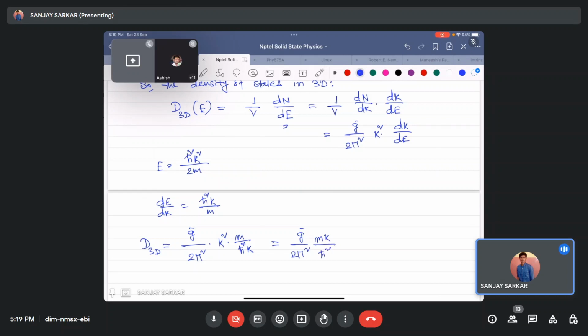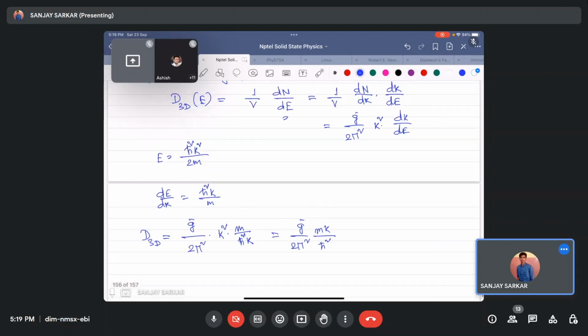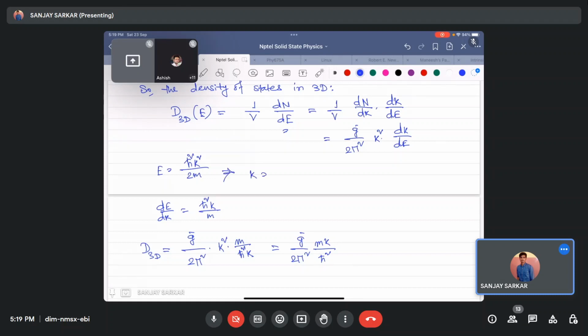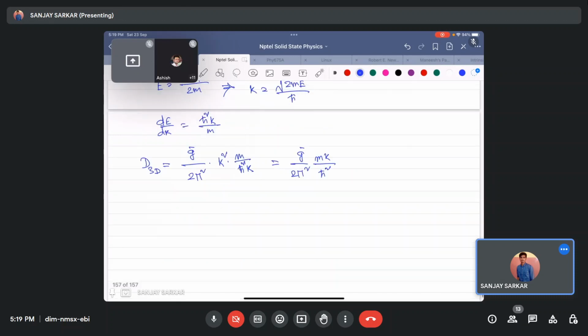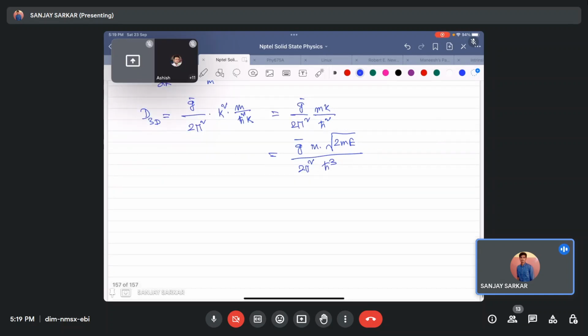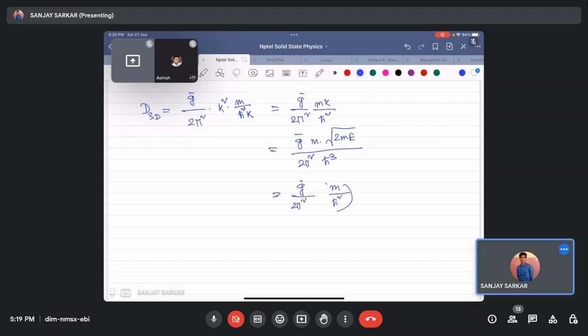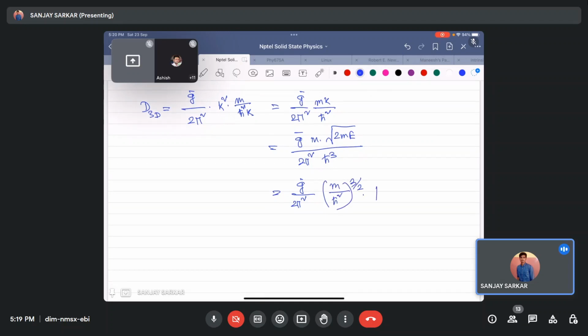So this is the density of states in terms of k, but we need to write it in terms of energy. So from this you can find out that k equals root over of 2mE by ħ. So if you put this value here, you will get ḡ m into root over of 2mE, and there is one ħ there, so it will be ħ³. Or you can write in this way also, ḡ by 2π² into (m by ħ²)^(3/2) into root over of 2E.